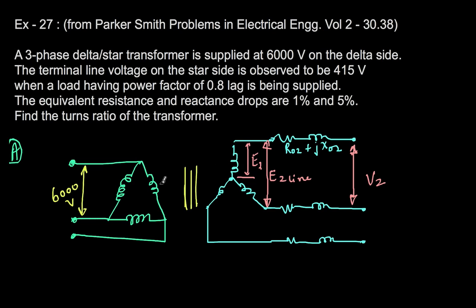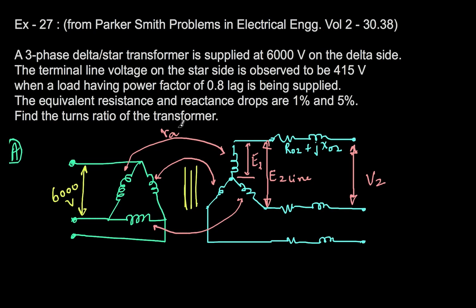Now there is a transformation ratio. Let's say these two windings are paired, meaning they are wound on the same limb, and these two are paired, and these two are paired. That is how a three-phase transformer works, with one-to-one pairing of phases of the secondary and primary, and the turns ratio is at this point.